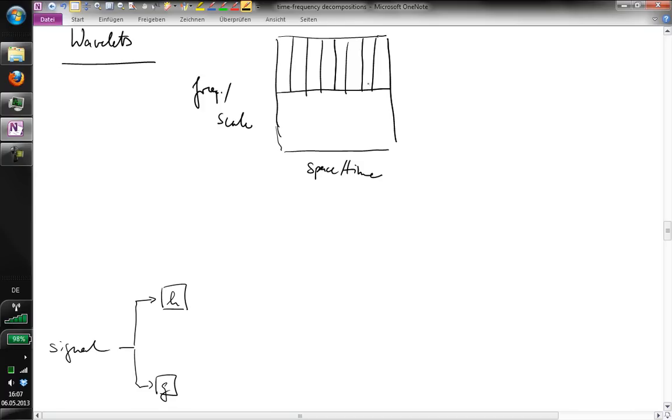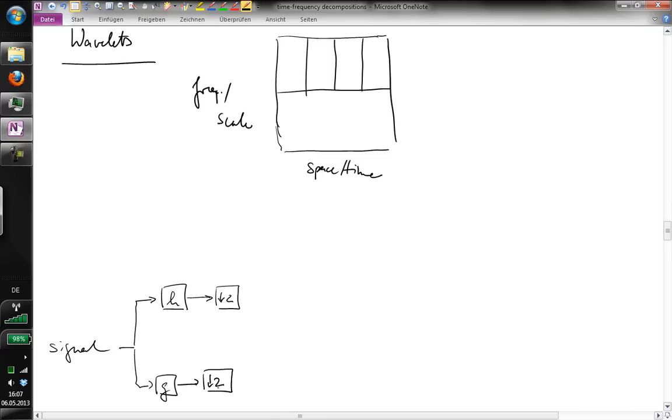I could do that, but if I do so, I will end up with a redundant representation. So instead, I will downsample by a factor of 2, meaning I keep only 4 samples up here. Same for the low frequency band.